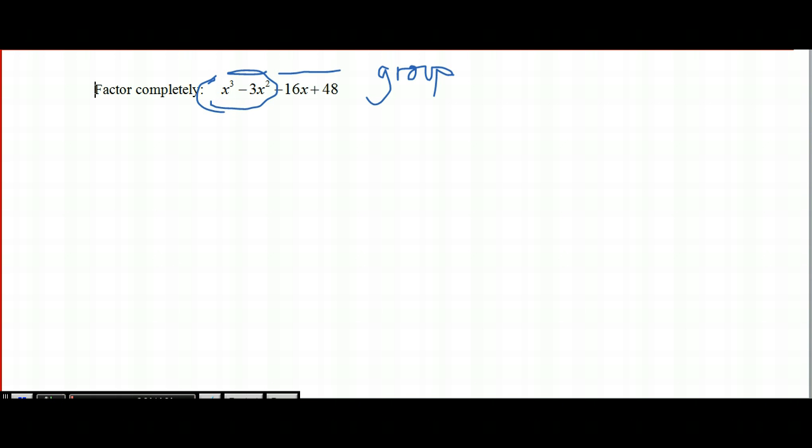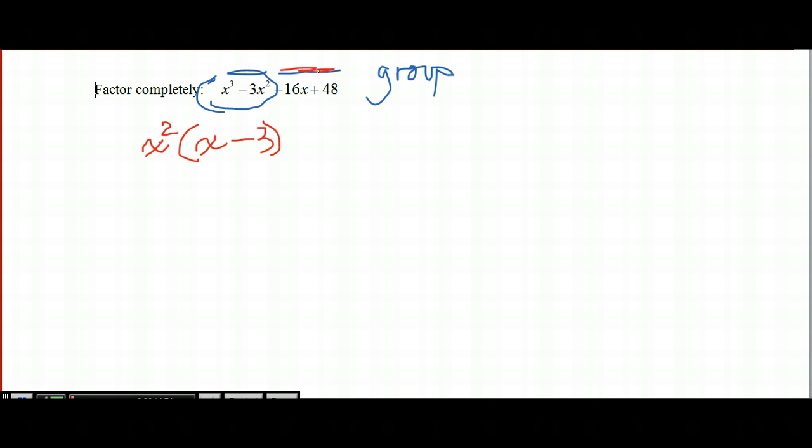I can factor out an x squared, and I got x squared factored out, and this is going to wind up as an x minus 3. Now I take this group over here, negative 16x plus 48.